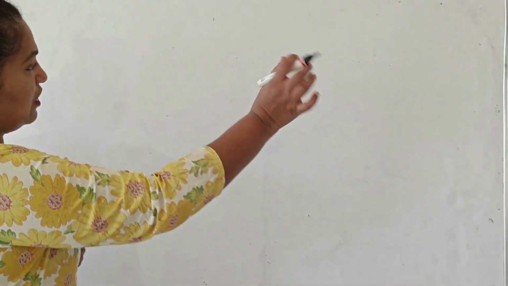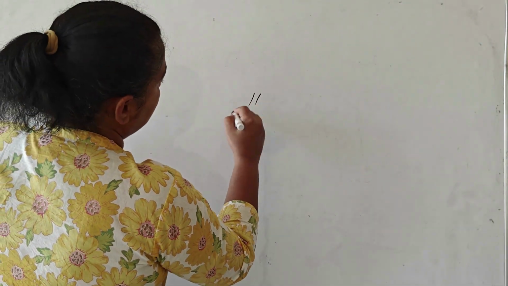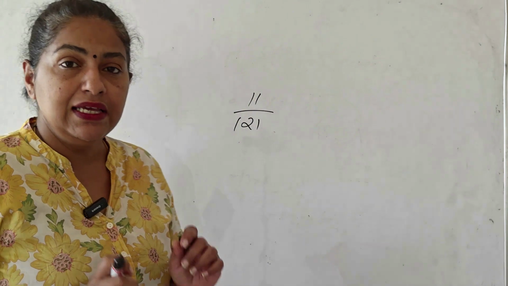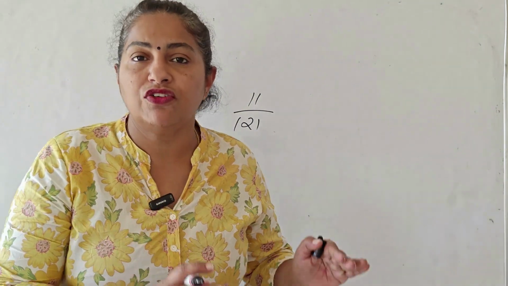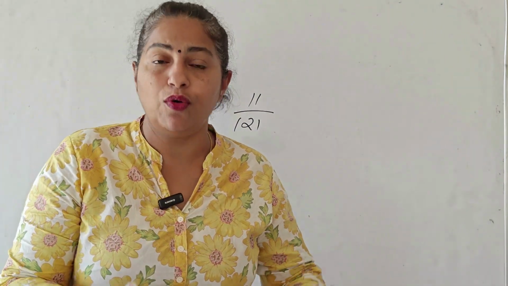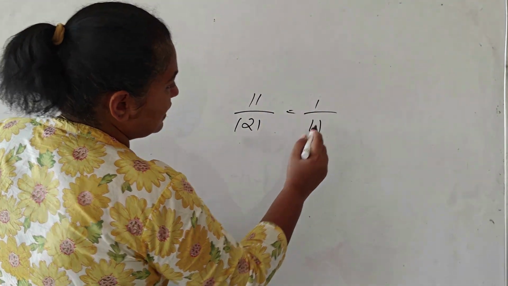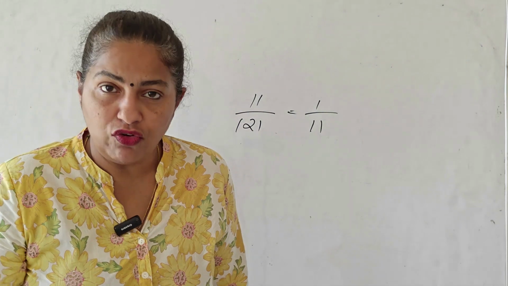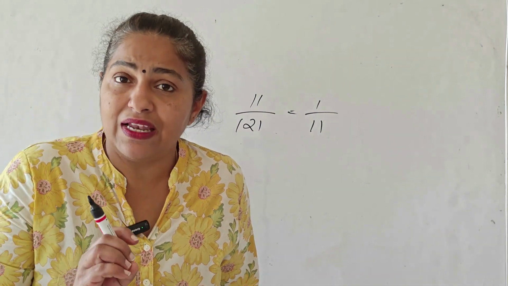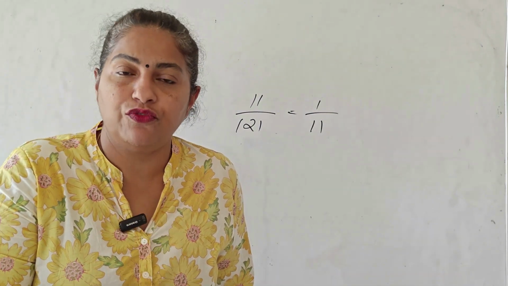Let us consider the rational number 11 by 121. You need to convert it into the lowest form and the standard form. So, cancelling out the common factors, you will get 1 by 11 as the lowest form. Now, is this the lowest form and the standard form? Yes.